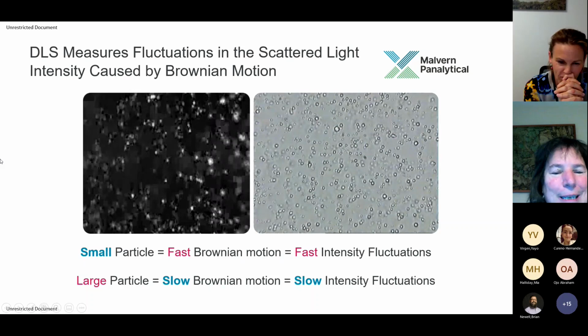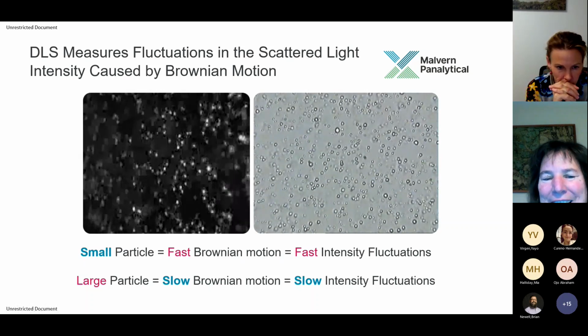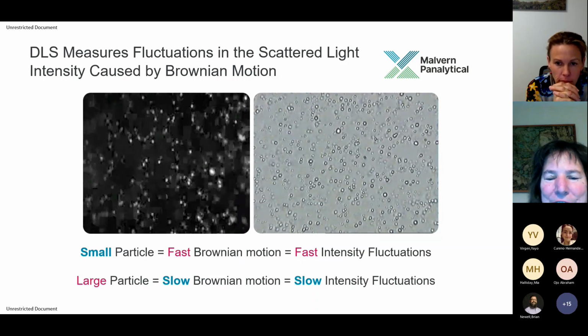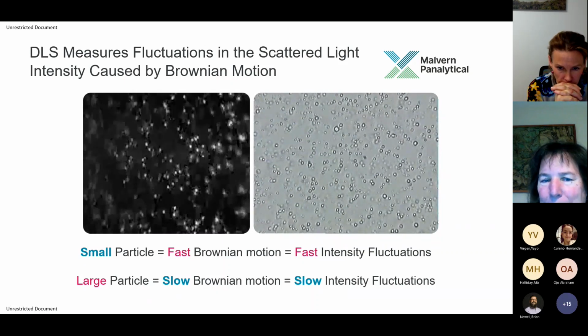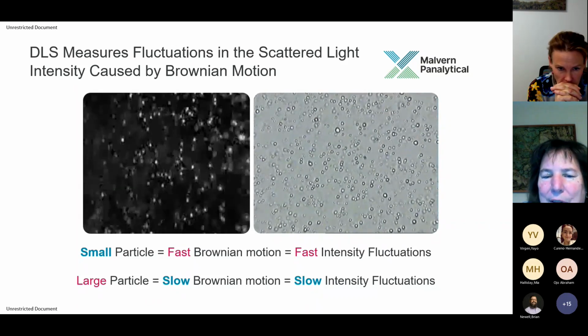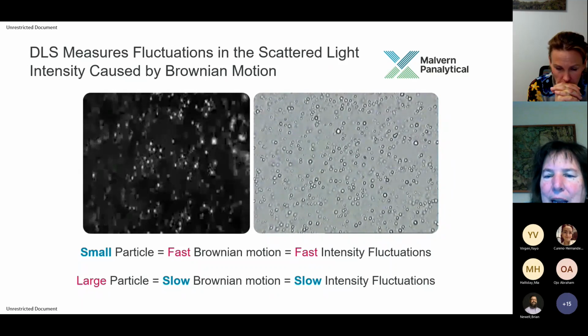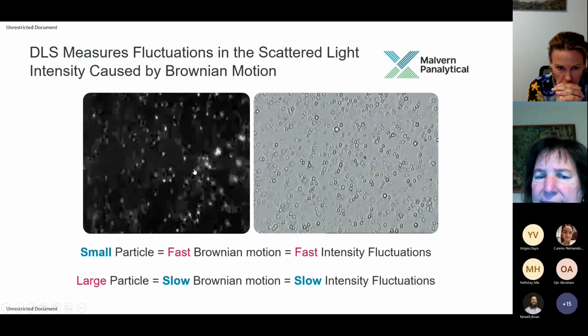Just some little movie clips looking at particles and how they move in solution. Again, Brownian motion is the motion of the particles as they're bombarded by the solvent molecules. It's a thermal energy. Small particles move very fast.